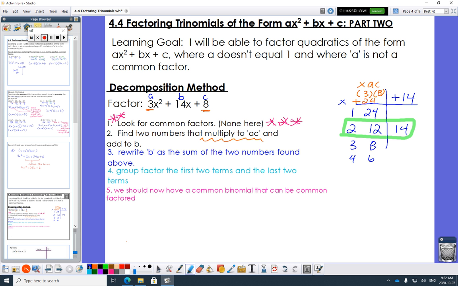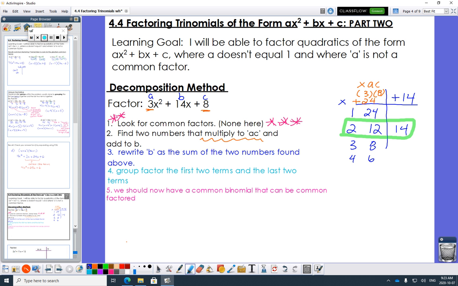So now for decomposition, something decomposes, what does that mean? Breaks down, yes. So we're going to decompose this B value here, okay?